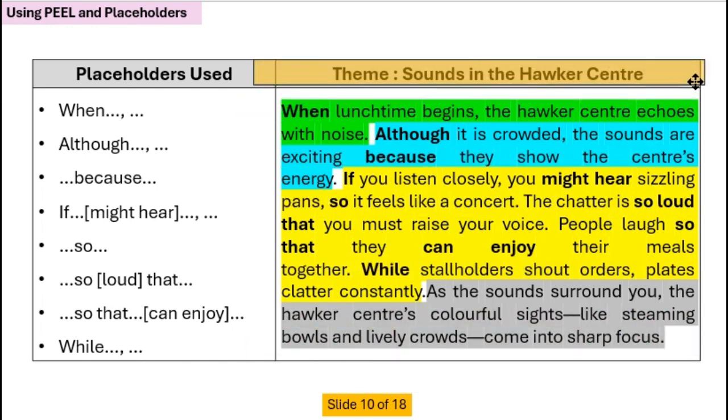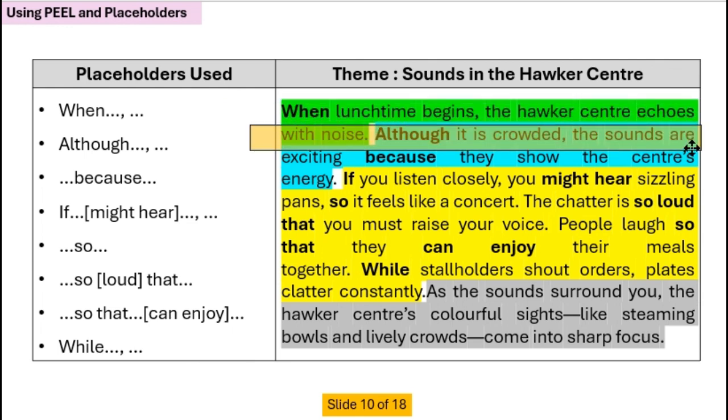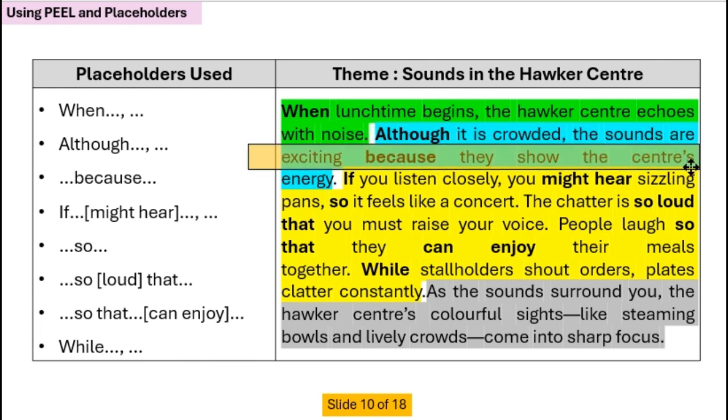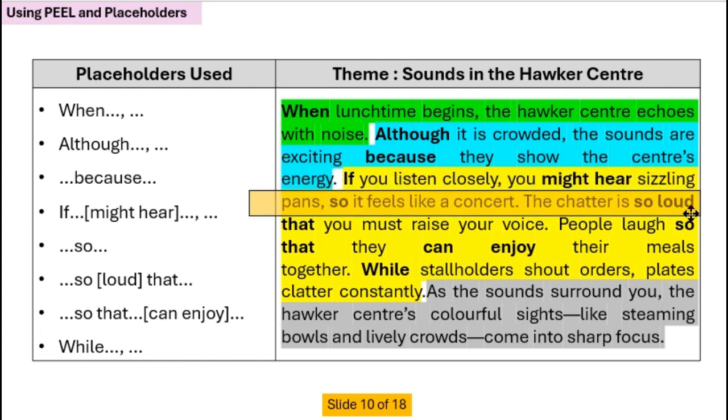In this paragraph, we are talking about the sounds we experience in the hawker center. When lunchtime begins, the hawker center echoes with noise. Although it is crowded, the sounds are exciting because they show the center's energy. If you listen closely, you might hear sizzling pans, so it feels like a concert.